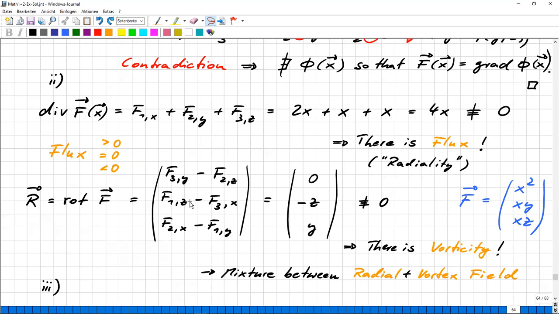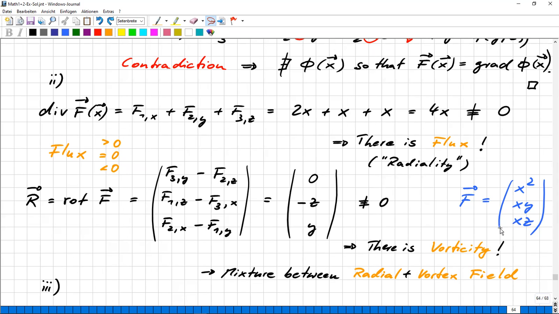Okay, the second, so first component, partial derivative with respect to z, as always. The first one does not depend on z, so nothing again, but minus the third one differentiated for x. So the first time we have a dependency, you could say a foreign dependency, right? Because the third component depends on the first coordinate.